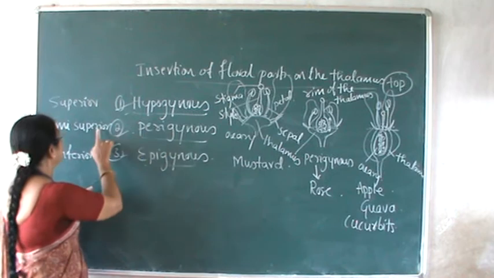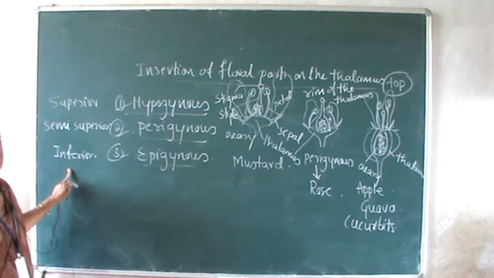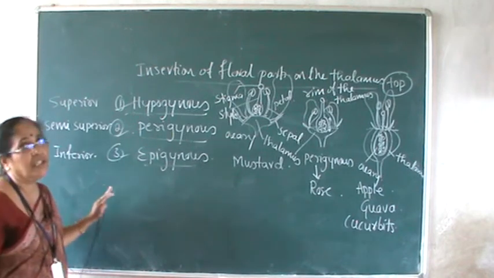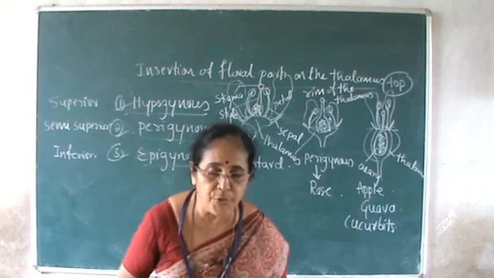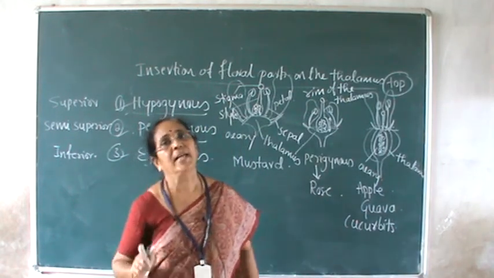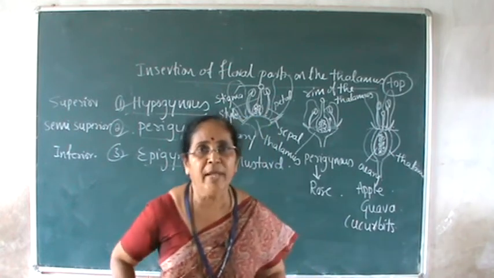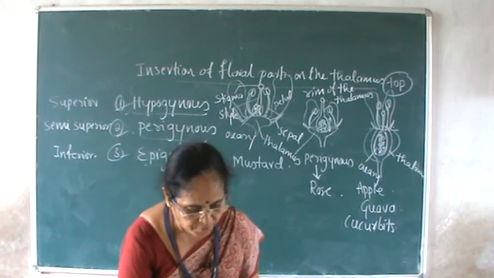If it is perigynous, it must be semi-superior. If it is epigynous, it must be inferior in nature. Okay? Remember the terms very carefully, because every word has its own meaning. You cannot interchange the examples or the terminologies.